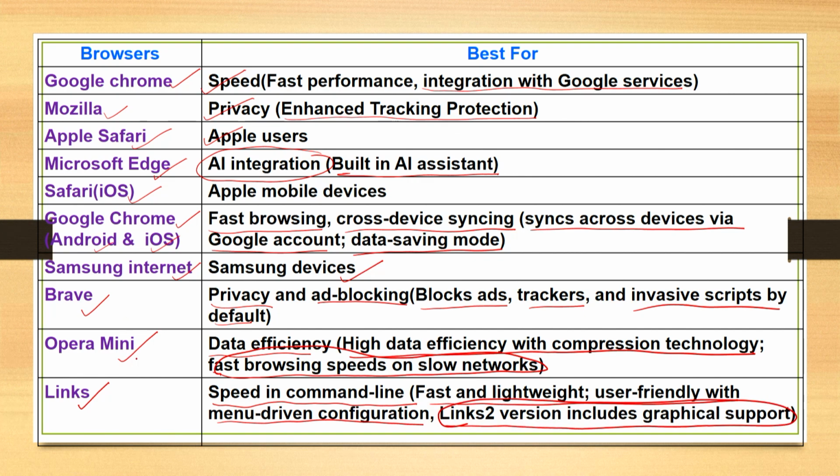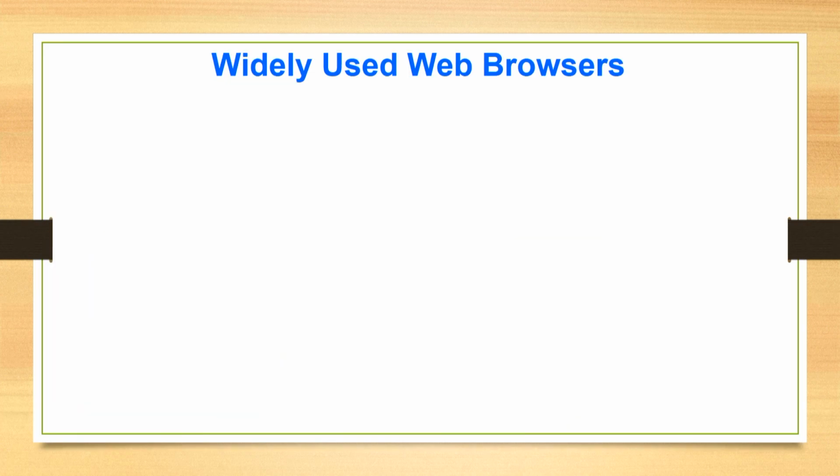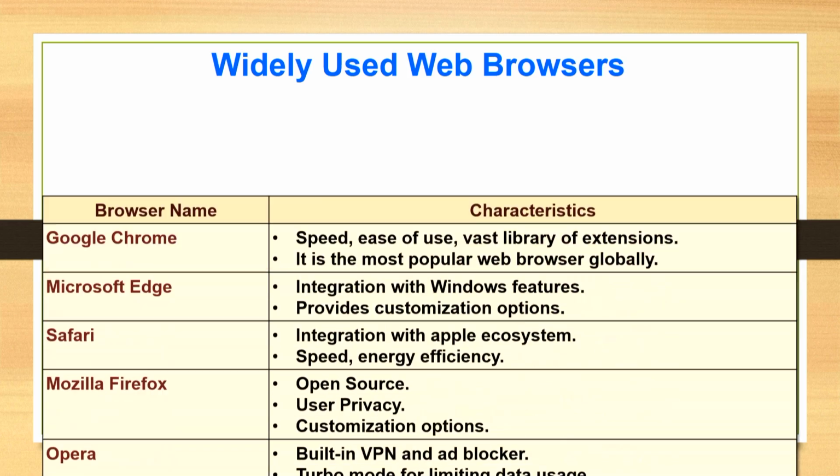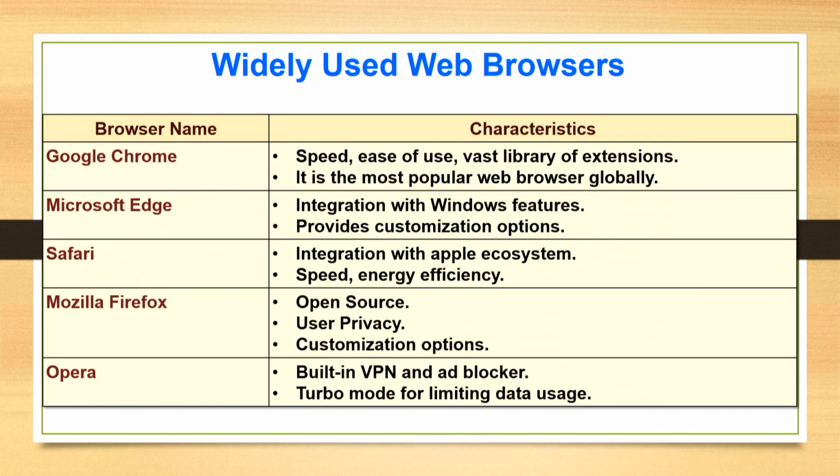Consider only the most commonly used browsers and when they are preferred. For speed, obviously Google Chrome. For privacy or ad blocking, Brave is preferred. So, that is discussed in this slide. Next, I will talk about the widely used web browsers with their features, or you can say characteristics.